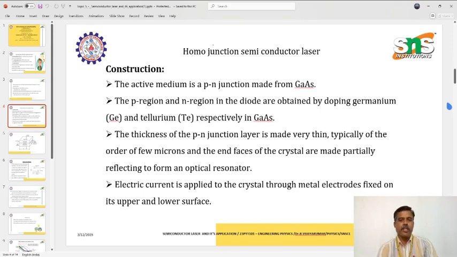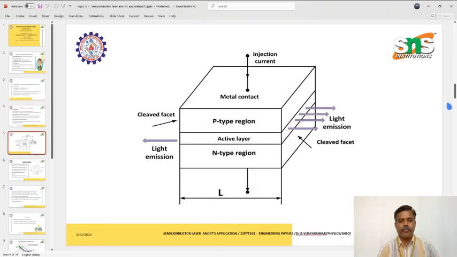The thickness of the PN junction layer is made very thin, typically of the order of a few microns, and the end faces of the crystal are made partially reflecting to form an optical resonator. The electric current is applied to the crystal through metal electrodes fixed on its upper and lower surfaces.